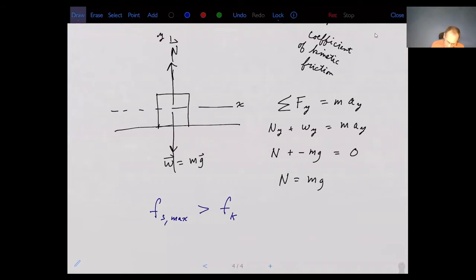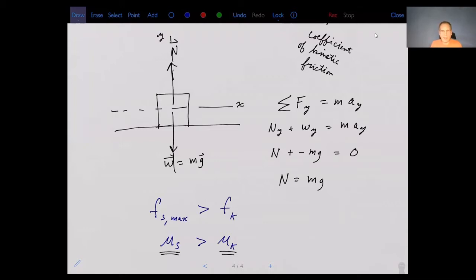That in turn implies that the coefficient of static friction must be greater than the coefficient of kinetic friction. In this lab, we're going to measure the coefficient of static friction and the coefficient of kinetic friction. That's the goal for this particular lab.